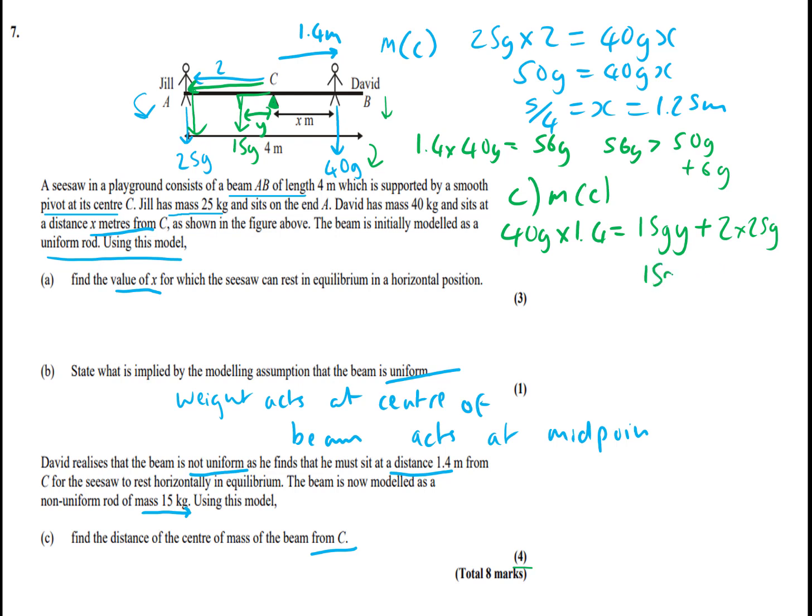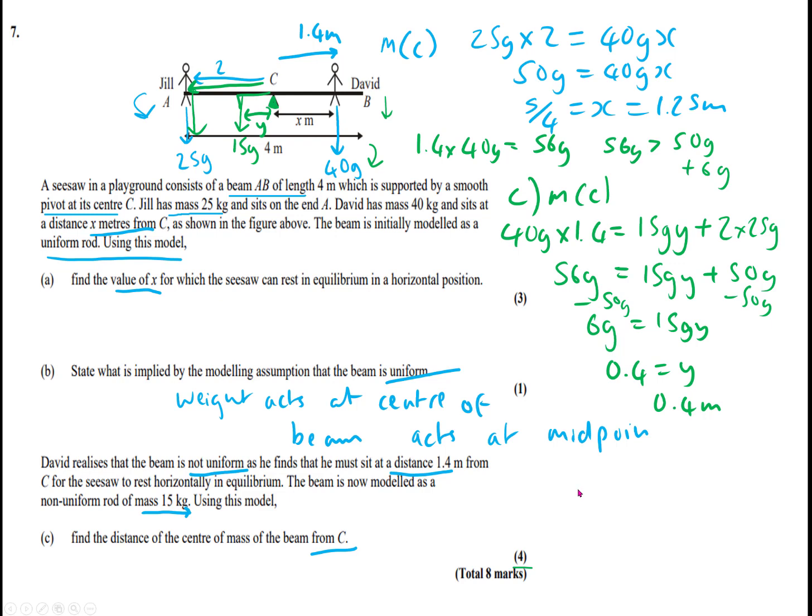So we get 15gy plus 50g equals 56g. So 6g equals 15gy because we're minus 50g on both sides. And divide out by 15g and you'll get 0.4 equals y. So the distance from C is 0.4 meters. And that is done.